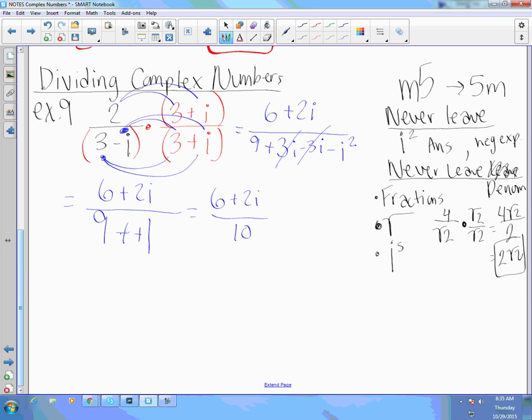Now I would almost say that was my answer. Almost. But between the 6 and the 2 and the 10, I can see something that I need to do to simplify. Greatest common factor, exactly. Greatest common factor of 6, 2, and 10: 2, because they're all even.